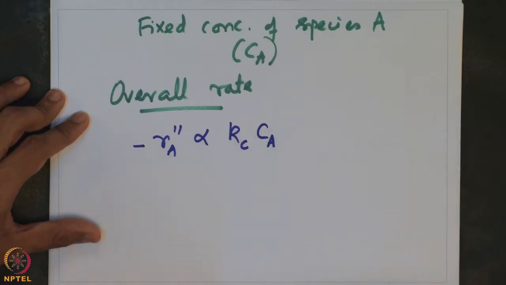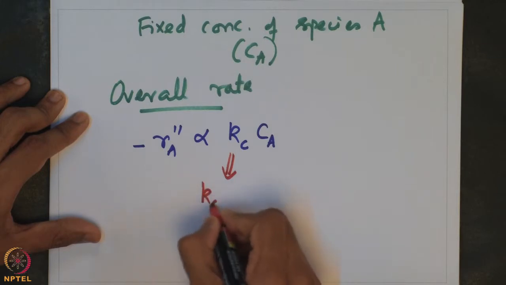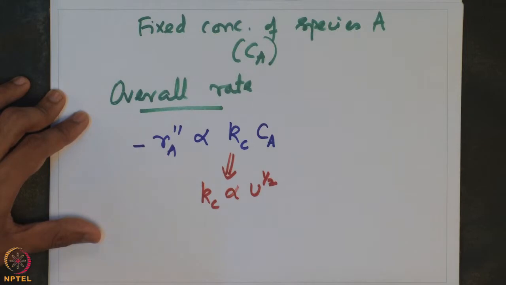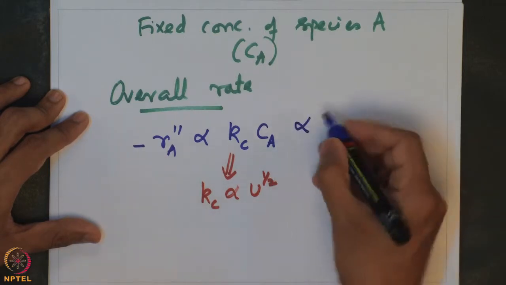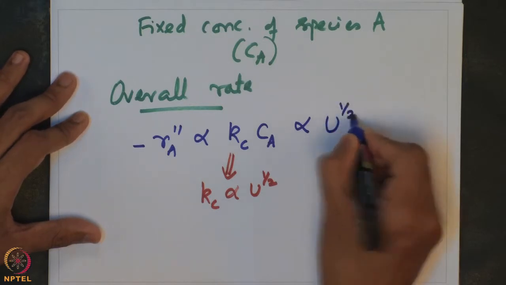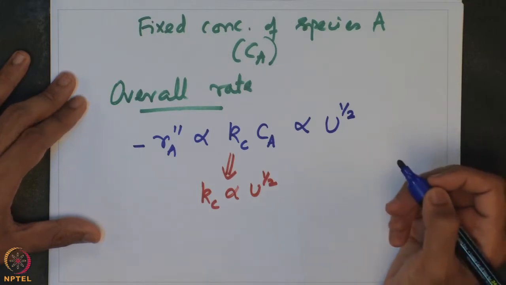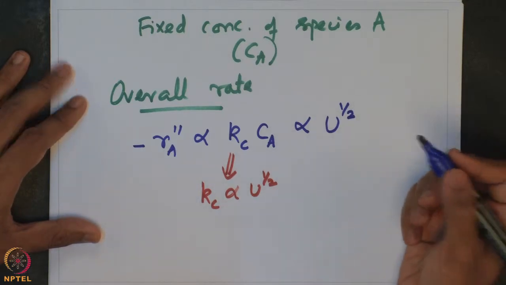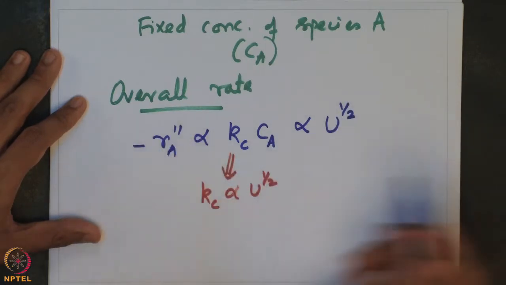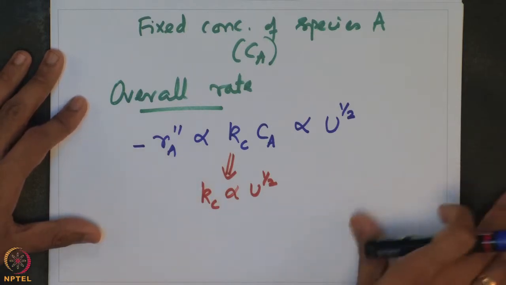And we know from the Thonis-Kramer correlation that Kc is proportional to the superficial velocity to the power of half, and therefore the overall reaction rate is going to be proportional to the square root of the superficial velocity. So, by controlling the superficial velocity with which the feed stream is flowing through the reactor, one should be able to modulate the observed reaction rate for the reaction happening in a packed bed packed with the catalyst.